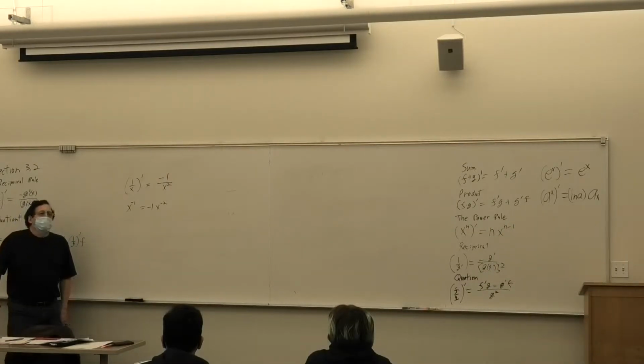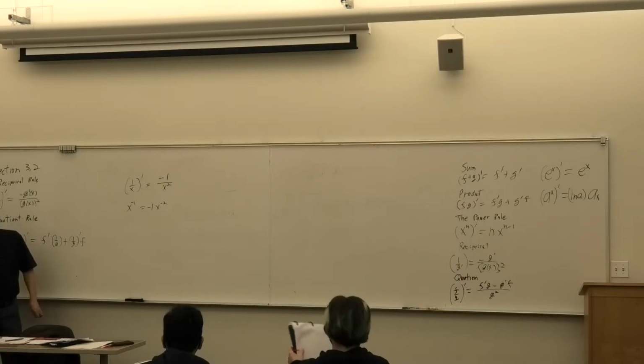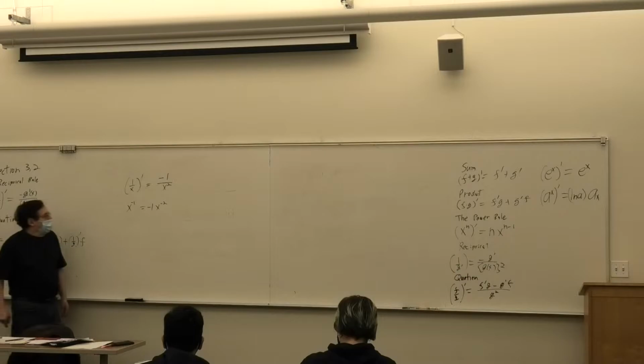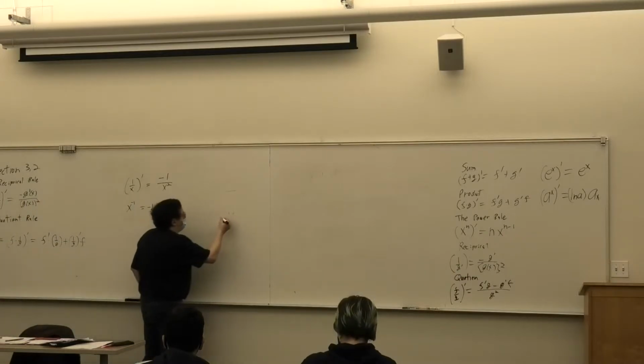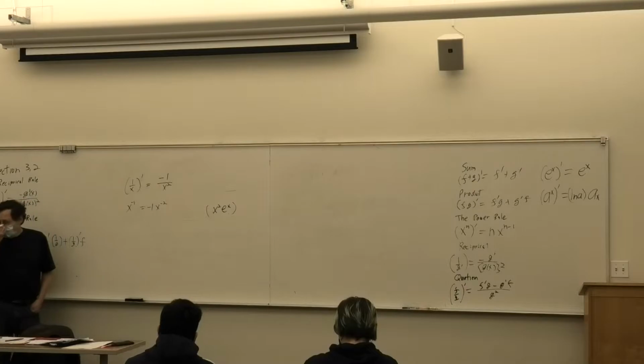Yes, any way you can simplify your work is a good thing, right? Because you make fewer mistakes. There might be a problem like, let's do the derivative of x squared e to the x. Is there a way to do this without the product rule?